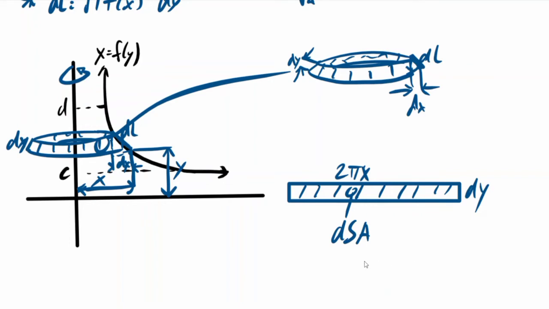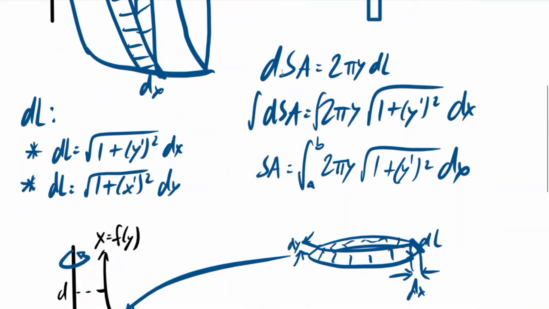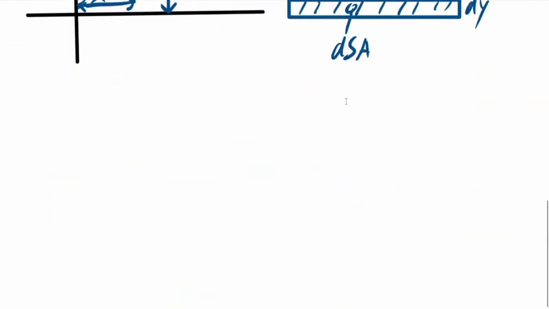Okay, just like before, we just substitute. Our differential surface area is 2 pi x dl.